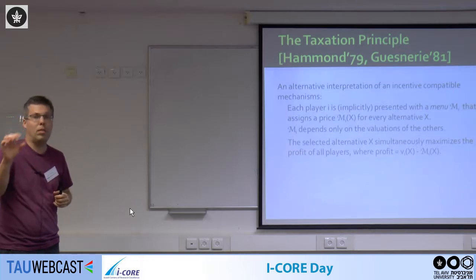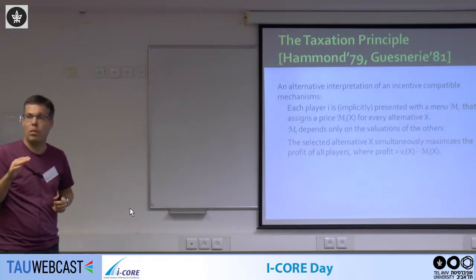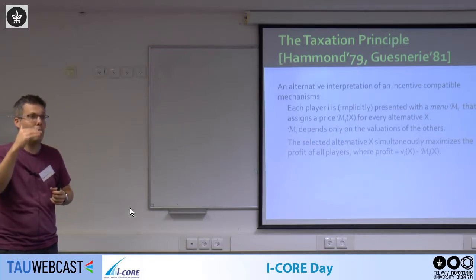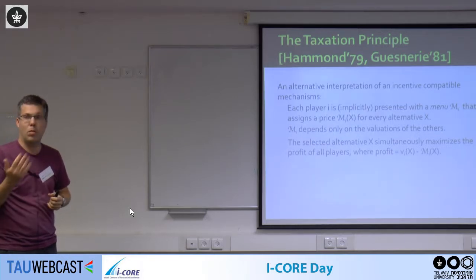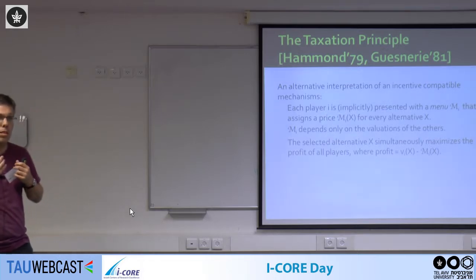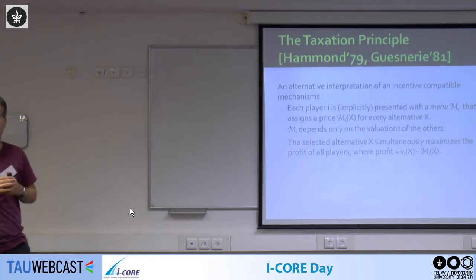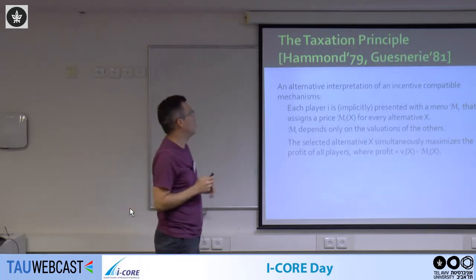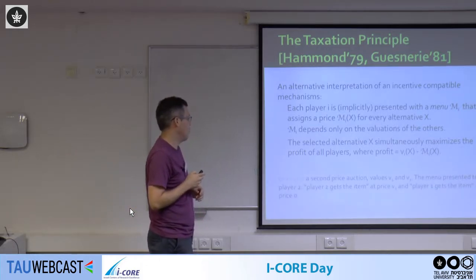So the same alternative maximizes the profit of all players. Okay? So each player just sees a list of prices, one for each alternative, that does not depend on him. He simply chooses the one that maximizes his own individual profit, and somehow they all agree on the same alternative. Okay? So this is one interpretation of incentive-compatible mechanisms.